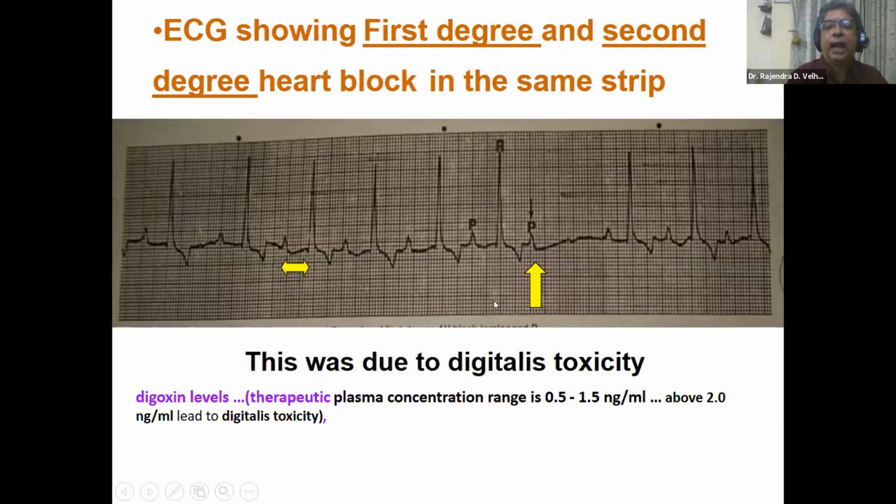So because of the prolongation of the PR interval, there is first degree heart block and second degree heart block. That means both degrees of heart block are present here, first and second. They exist simultaneously in the rhythm strip. This is a case of digitalis toxicity. Remember, digitalis can produce any type of arrhythmia that has ever been reported.